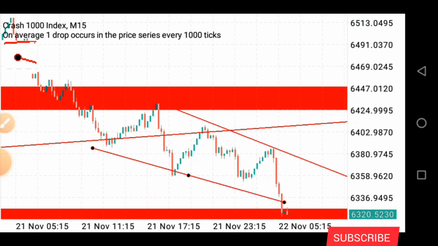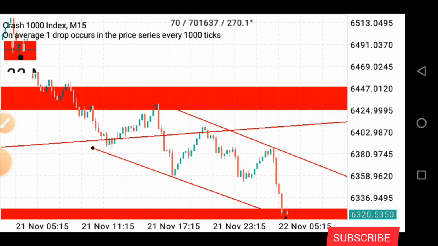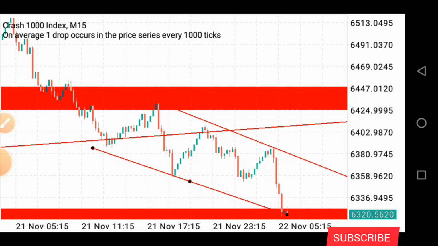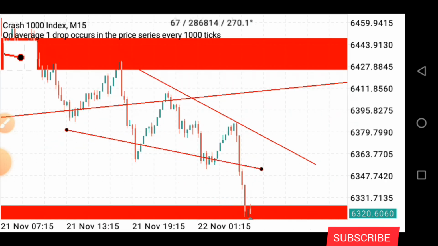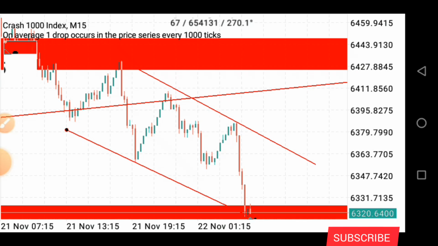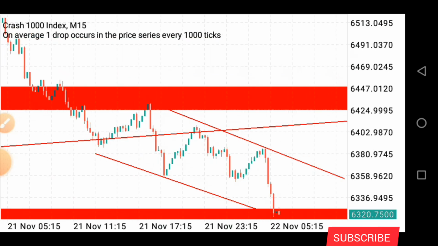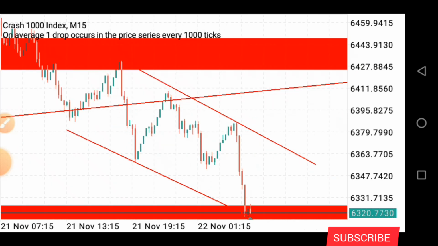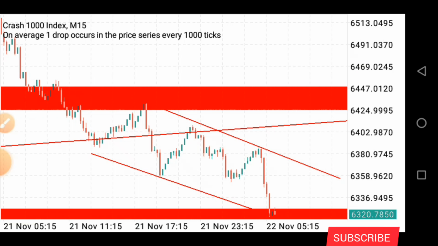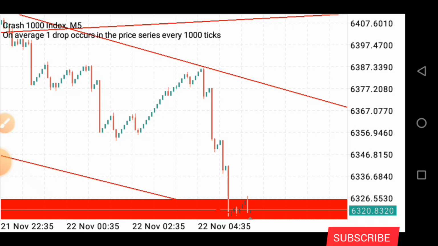Alright, so after marking out this horizontal support and resistance zone with our trend line, I will go to the 5-minute time frame. Let me see what's going on there. Okay, so this is what's happening here.